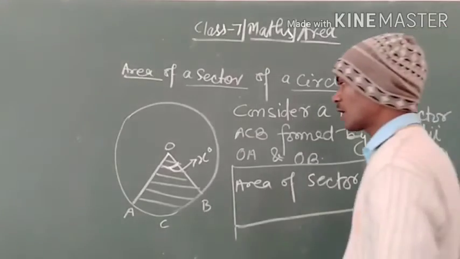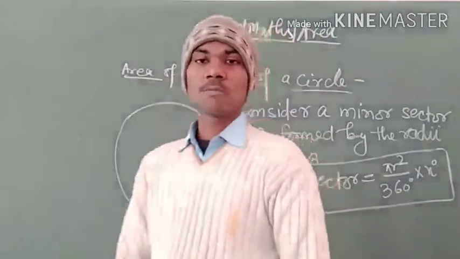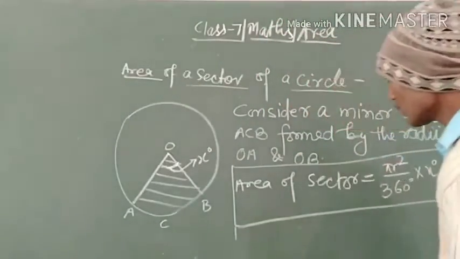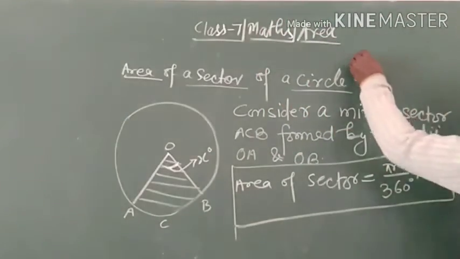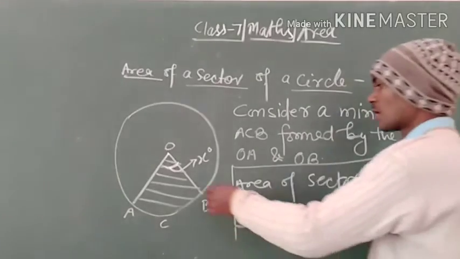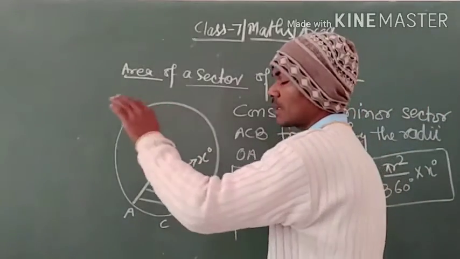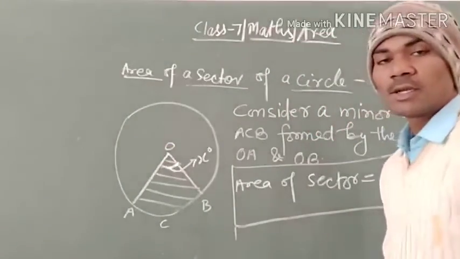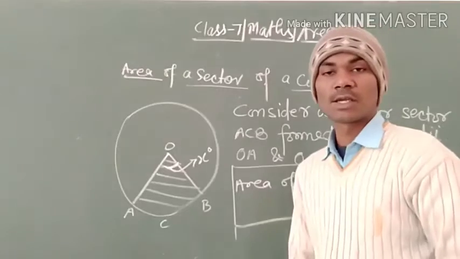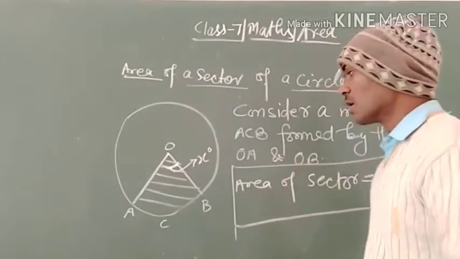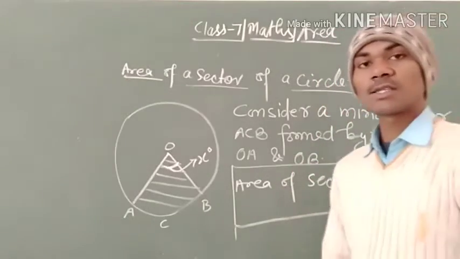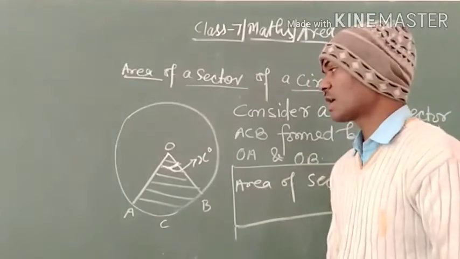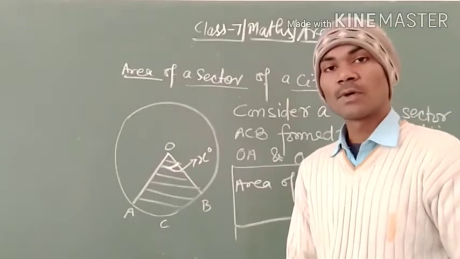As we know, pi r square is the area of the whole circle. If the whole area is pi r square, then the angle formed at the center is 360 degree. If the angle is 180 degree, that is half of 360 degree, then it is obvious that its area will also be half.